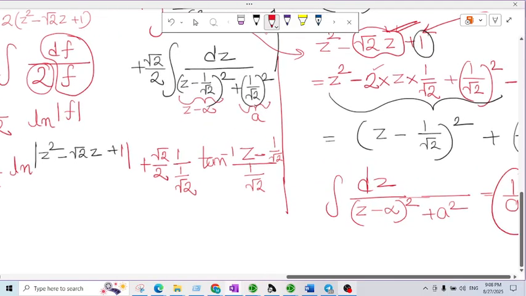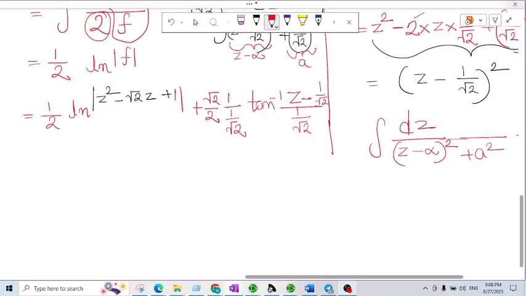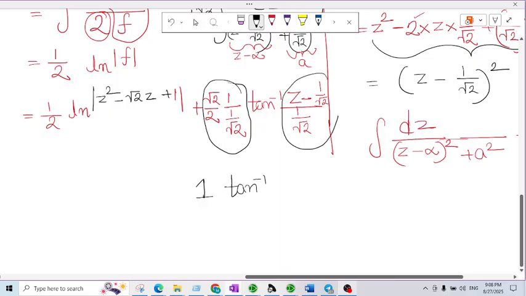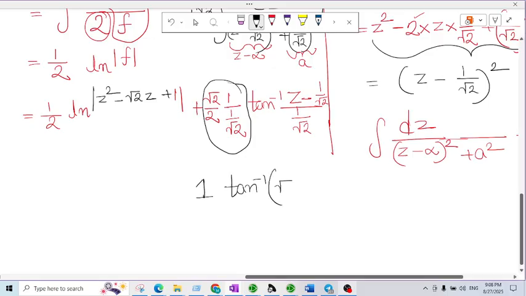Okay, so now I have to simplify this thing, so this thing will be equal to 1, right? So let's write here 1, then tan inverse, if you simplify this term, just multiply root over 2 with the numerator and denominator, and you will get root over 2z minus 1.